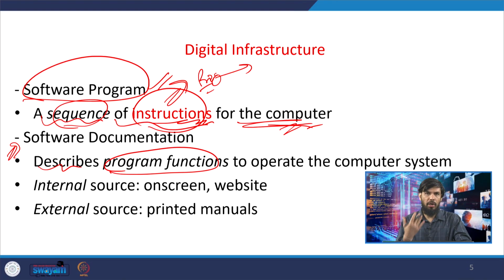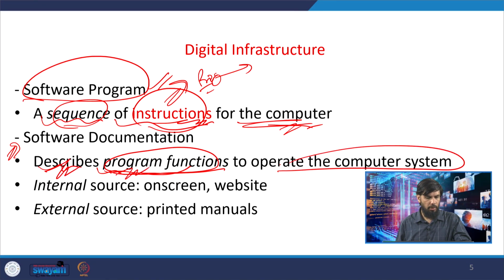To learn it better so that more effective use can be made, we need to look at the software documentation and understand the program function, and find how functions within the software can be better utilized for our business processes, our business needs, or the kind of output or processing that we want. So, the software documentation is typically provided, describing program functions to operate the computer system or the software.